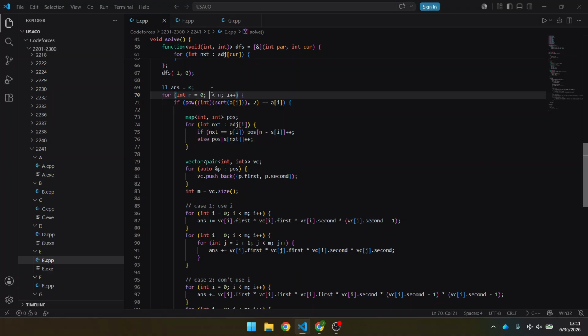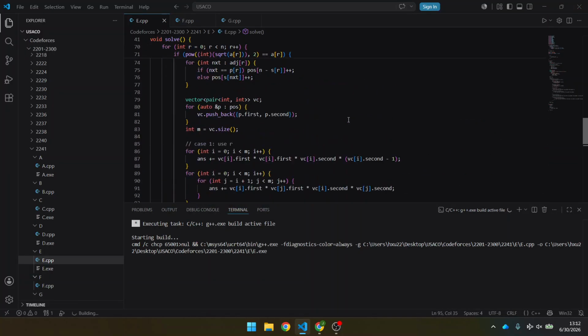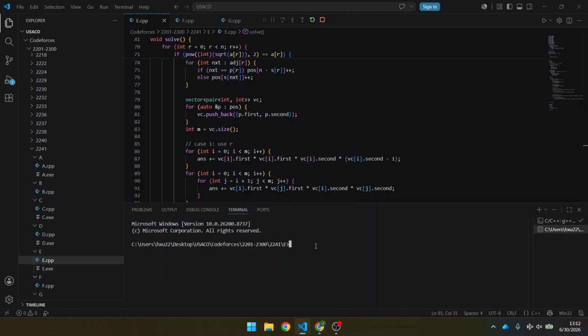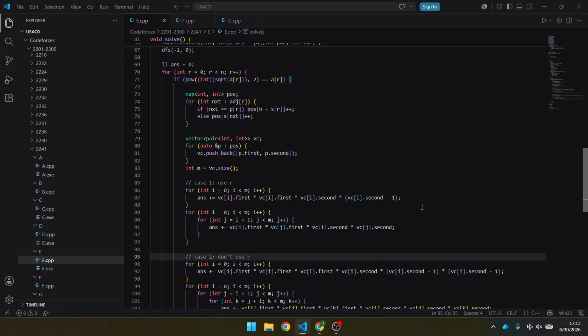Let's put R, so basically it means the root. vc i dot first times vc first.